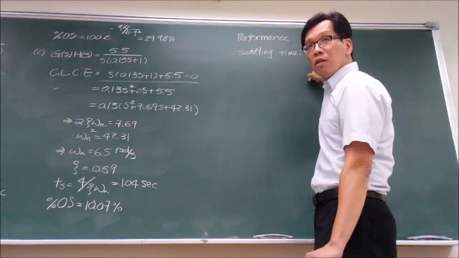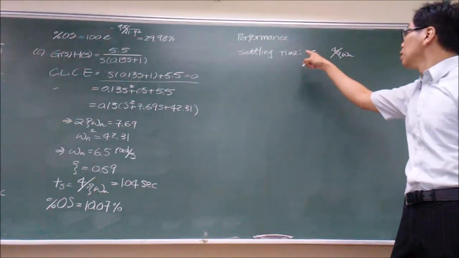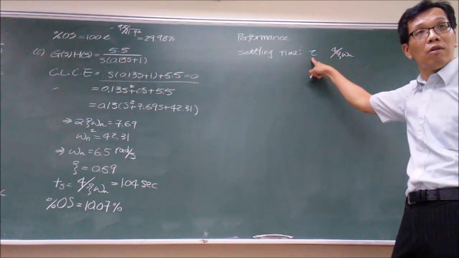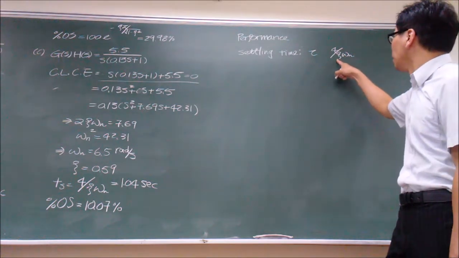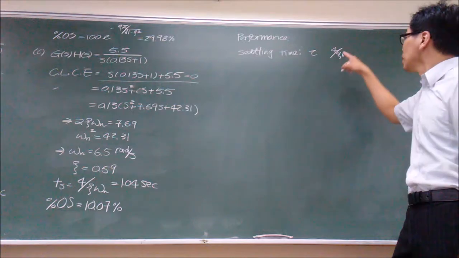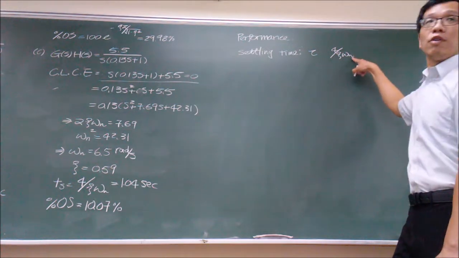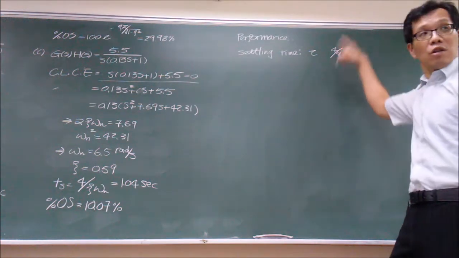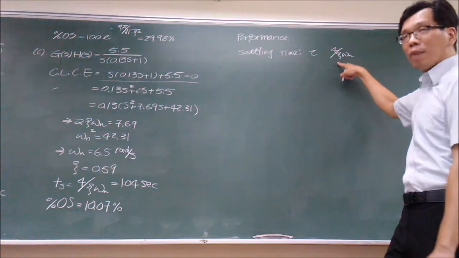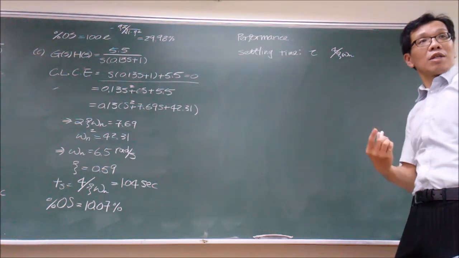One must be faster, the other one must be slower. So if it's a first order dominant system, then you try to minimize tau. If it's a second order dominant system, you try to maximize damping ratio and natural frequency. Because if those two are maximized, this one is going to be what? Minimized. Does that make sense?